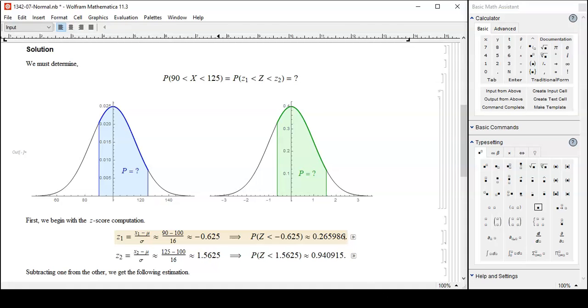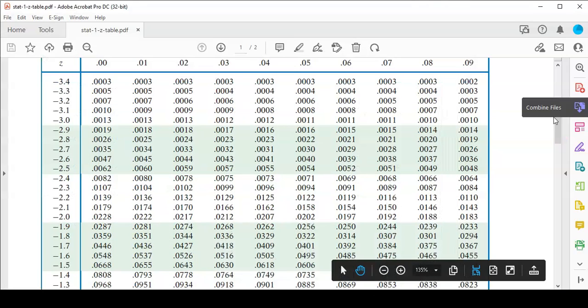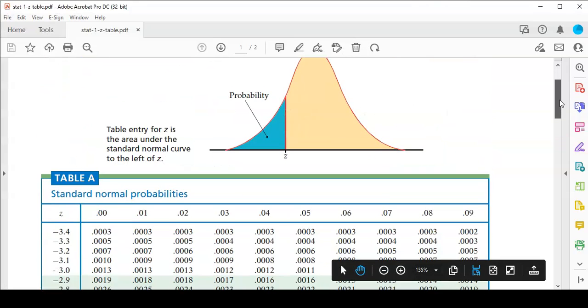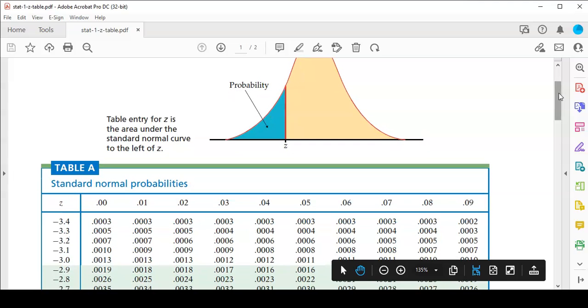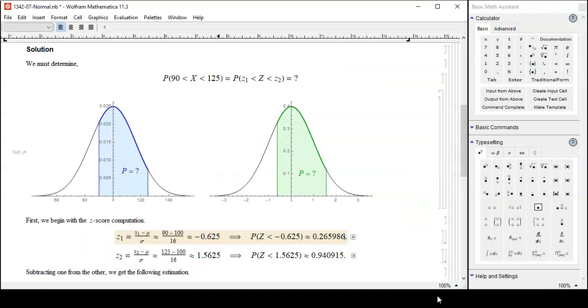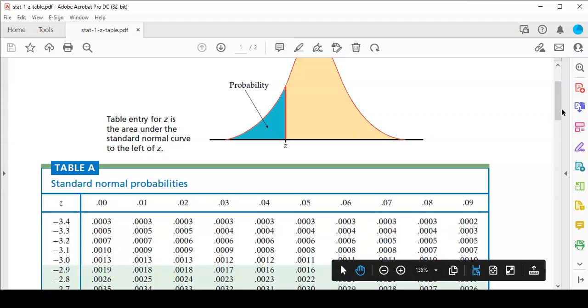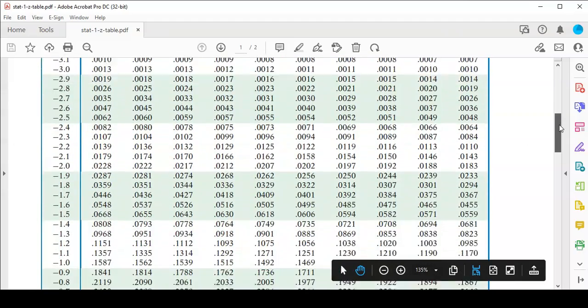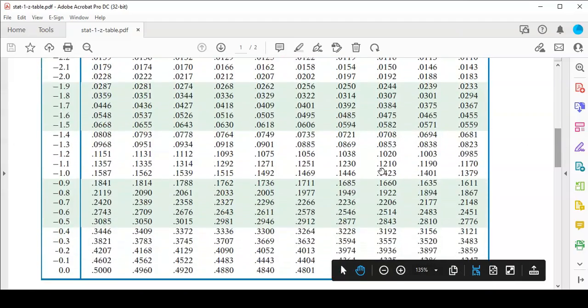Okay, let's go ahead and look up the z-table. Oops, sorry about that. Z-table, all right. Negative 0.625. Negative 0.6 is here. And 25, let's see.